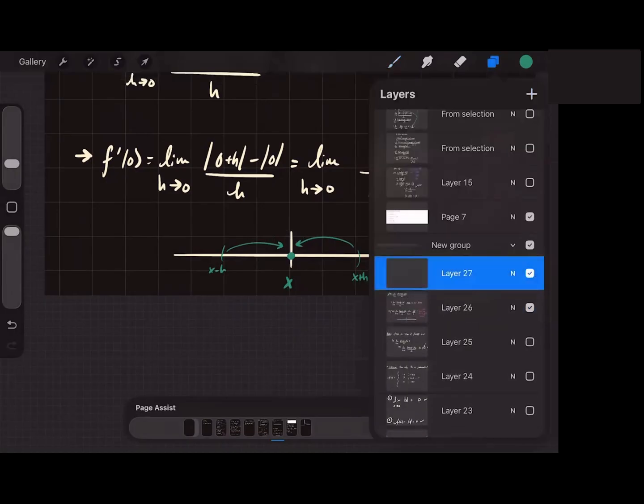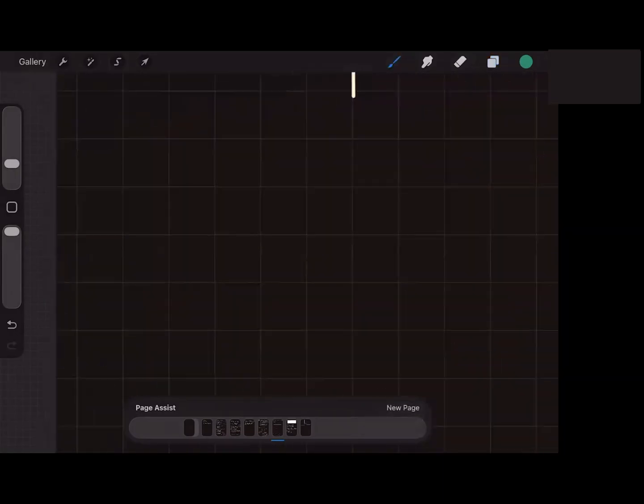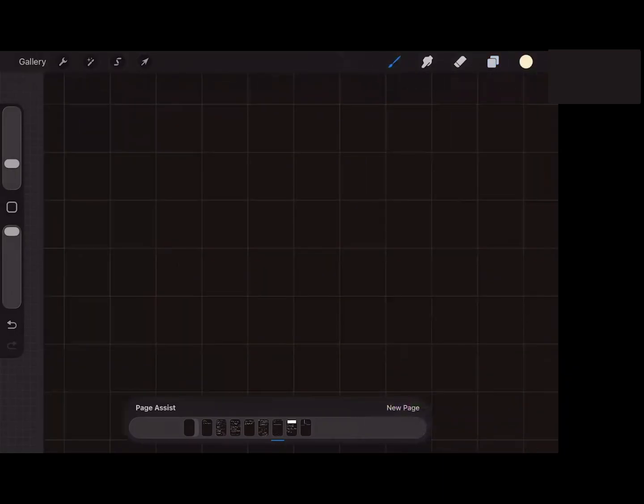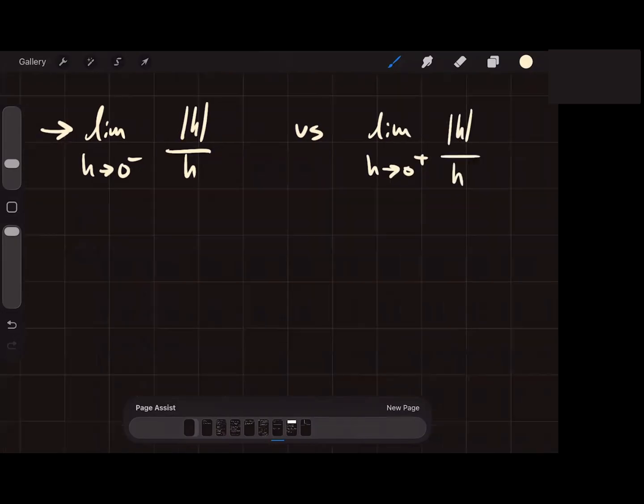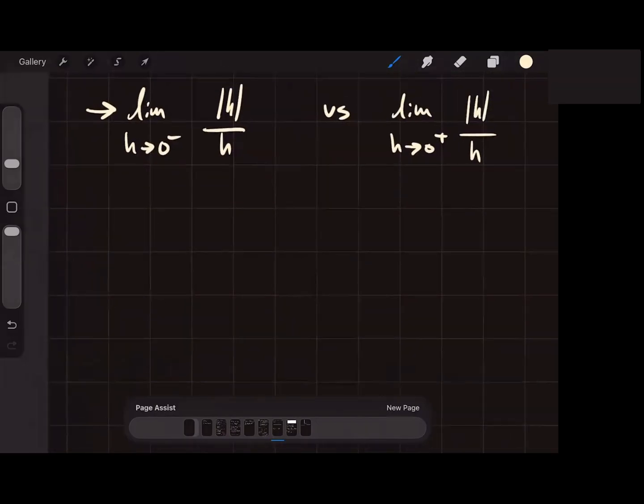But if you were to do that, you will find that you run into an issue: the limit as h approaches 0 from the left of absolute value of h over h, as opposed to the limit as h approaches 0 from the right of absolute value of h over h. Again, this is some analysis magic. You don't have to know this, okay?